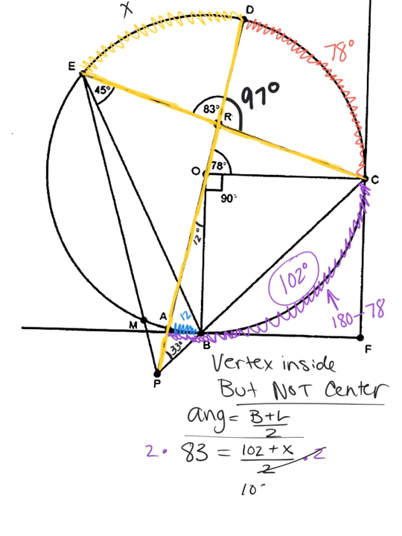And I get 83 times 2 gives me 166 equals 102 plus X. I'm sorry, I forgot my 102 plus X. There we go. So these guys cancel. I have this left over. All right, and then I'm ready to go ahead and get my X by itself, so I can subtract 102 from both sides. And 166 minus 102 gives me that X is 64 degrees. So that yellow arc out there is 64 degrees.